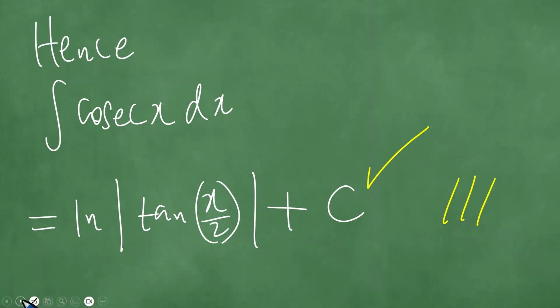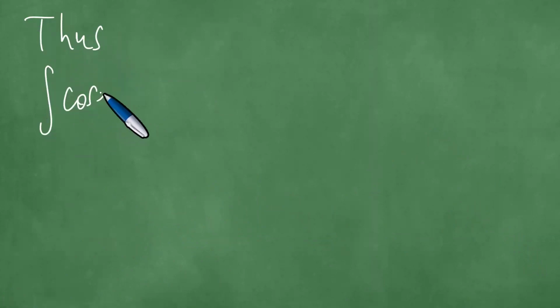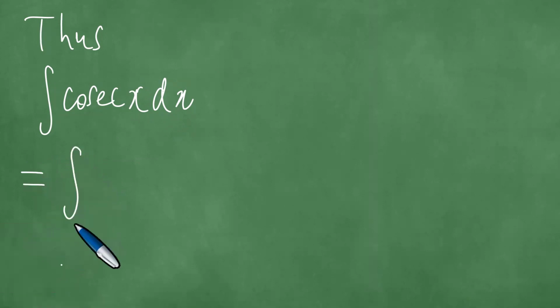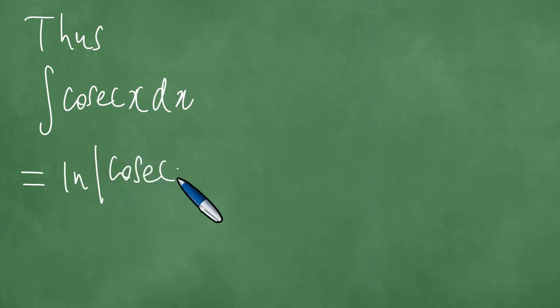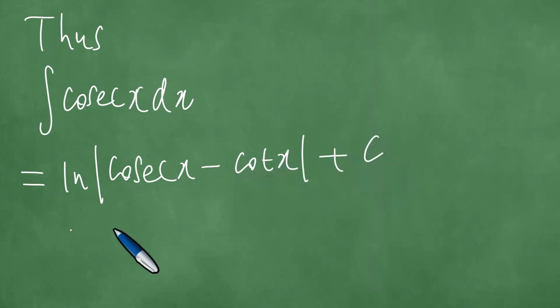And then we can proceed to say thus: the integral of the cosecant of x with respect to x is exactly the same as what? We found 3 results. The first result is the natural log of the cosecant of x minus the cotangent of x plus c.